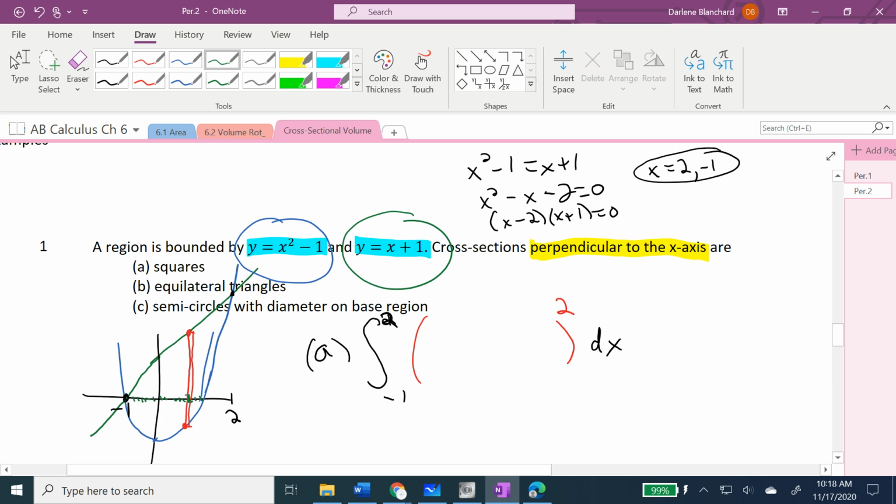For the x you're located at, the formula for the length of this side is the top y minus the bottom y. In this problem, the top y value is x plus 1 minus the bottom y value, x squared minus 1.